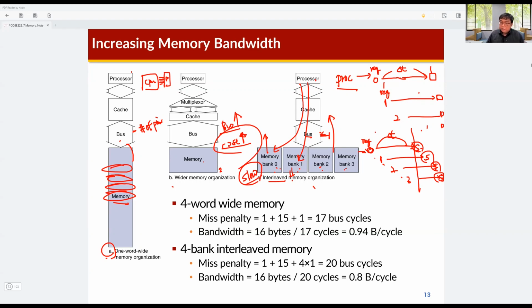This technique is called DRAM interleaving. In other words, this is called memory level parallelism.